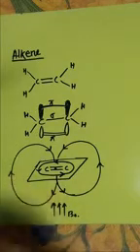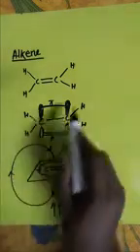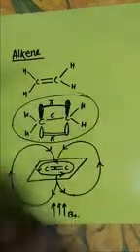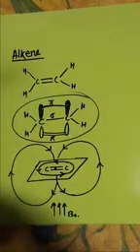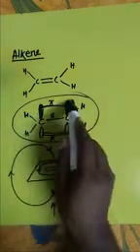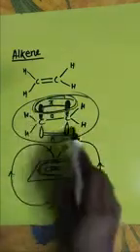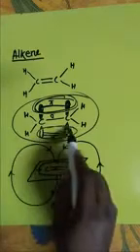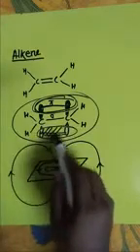If you notice, this is an alkene molecule, and in case of alkene, these pi electrons circulate in presence of an external magnetic field.